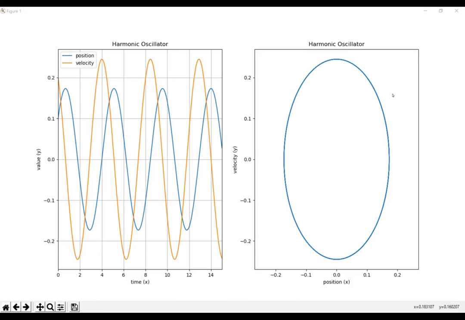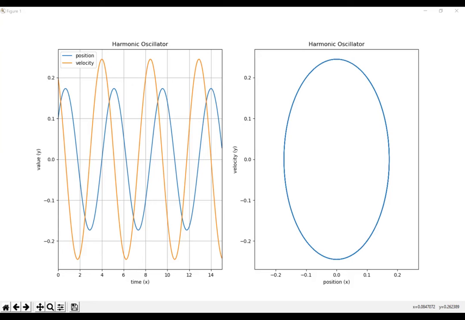What you see here are a few computer-generated plots which illustrate the position and velocity dynamics of the harmonic oscillator. Let's suppose I start the harmonic oscillator system with initial position 0.1 and initial velocity 0.2.